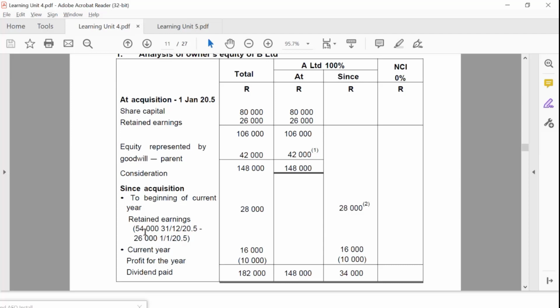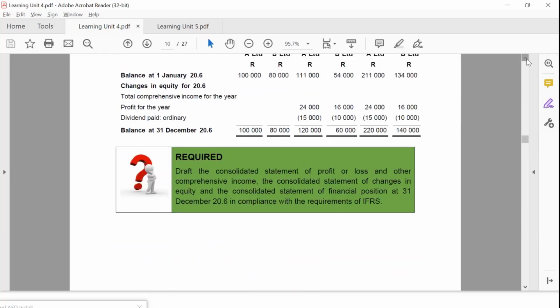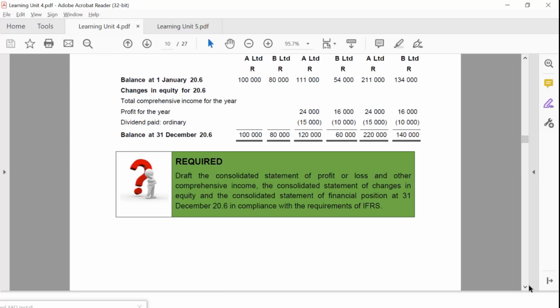54,000. How did I get the 54,000? In getting the retained earnings, it is the 26,000 minus 54,000. Where is the 54,000 from?